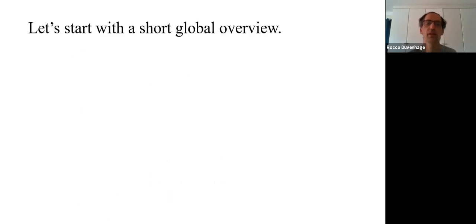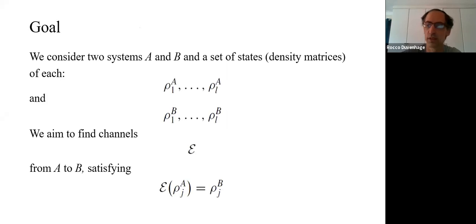And I'll start off with just a global overview of what it is that I'm doing in the paper. And once I've done that, I'll come back and I'll fill in some details and fill in some background and motivation. So the basic problem is to consider two systems, A and B, and I'll focus on finite systems with finite dimensional Hilbert spaces.